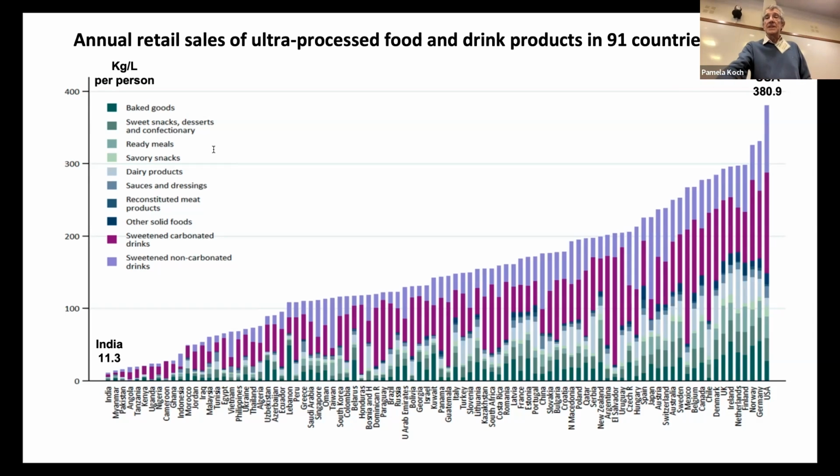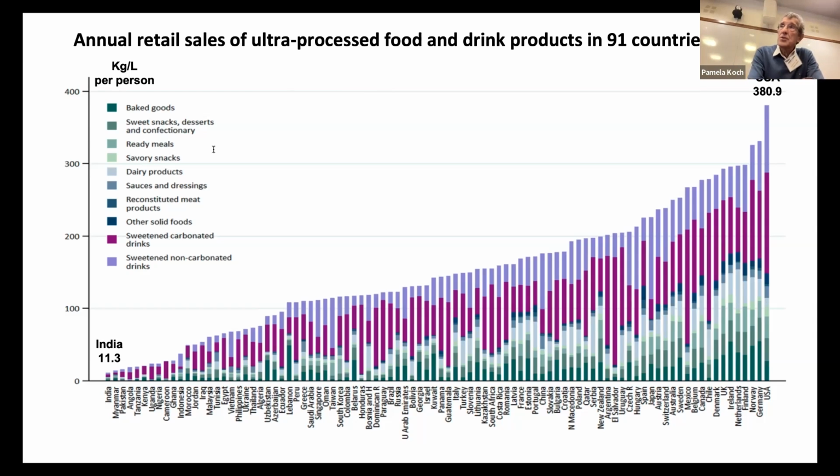The leader in this list is the US, with 380 kilograms of ultra-processed products consumed per year, meaning that the average American consumes about 1 kilogram of these products per day. And this goes down to India, which still has 11 kilograms per year of ultra-processed products. And then you have a big variation.